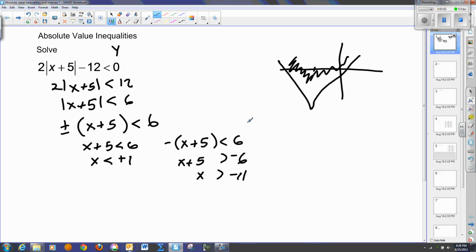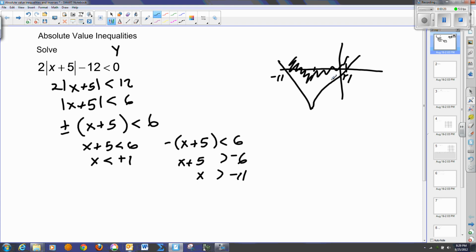And if you notice, my graph kind of indicates this. Here's roughly an x value of -1, or a positive 1, sorry, once again. And here's an x value of -11. So now we have to state our solution.